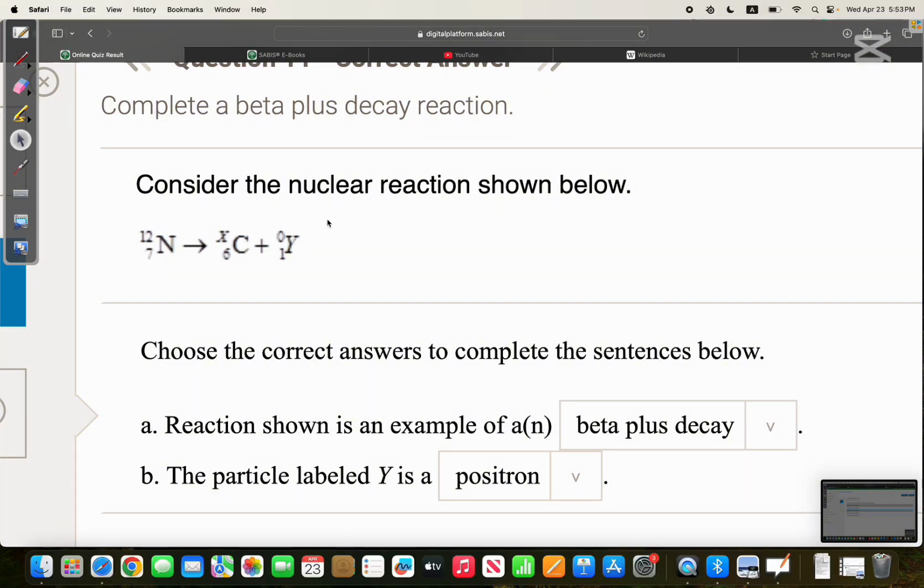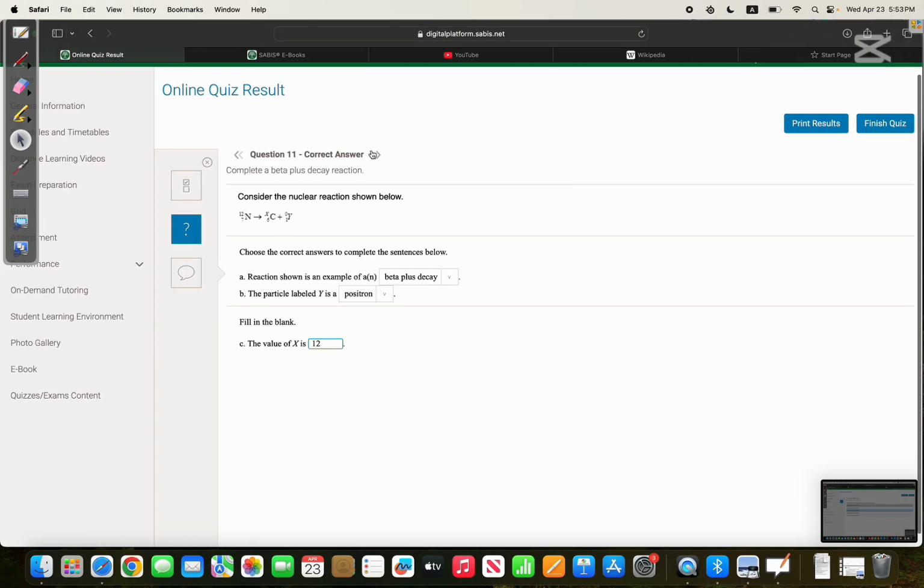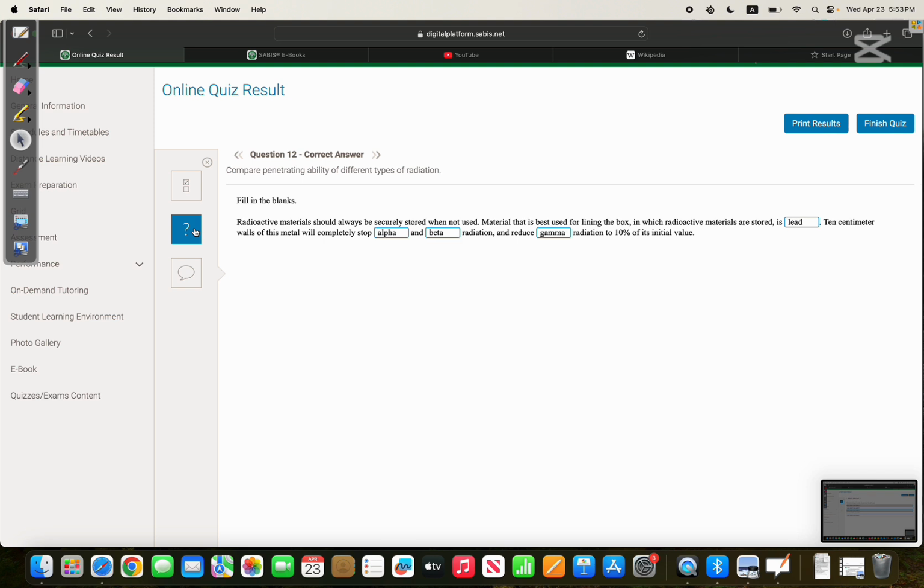Let's move on to question 12. Radioactive materials should always be securely stored when not used because they are really dangerous, even if you're just looking at them or using them with your hand.